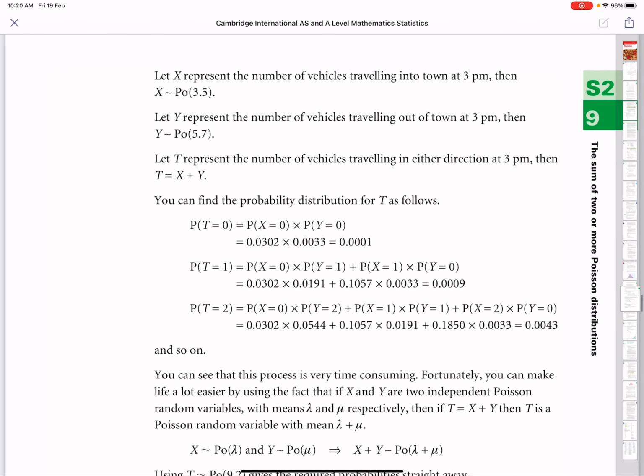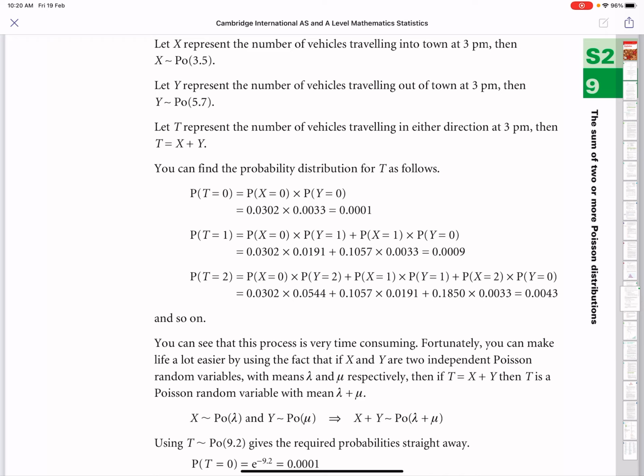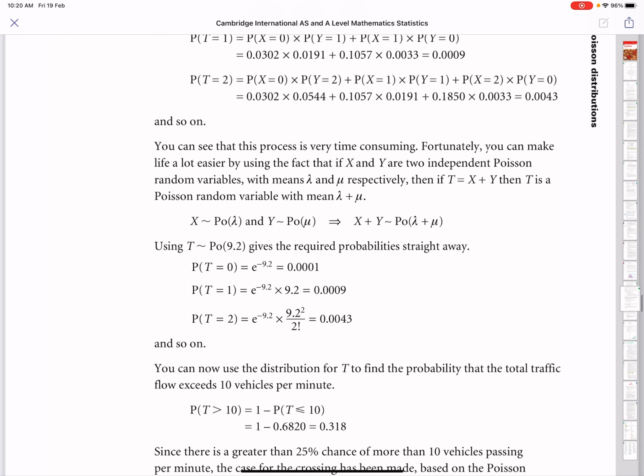However, one of the things that is good with Poisson is that if you are combining 2 Poisson distributions, rather than calculating each probability for the separate distributions and combining them that way, you can combine the mean. Because the events are independent and random, you can combine those 2 values together.